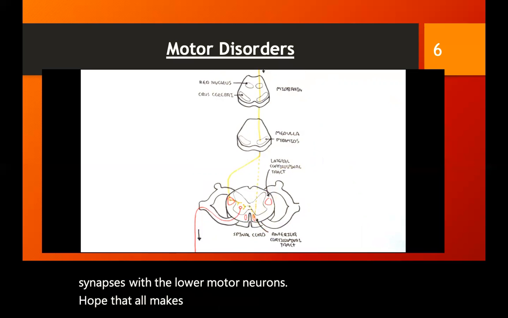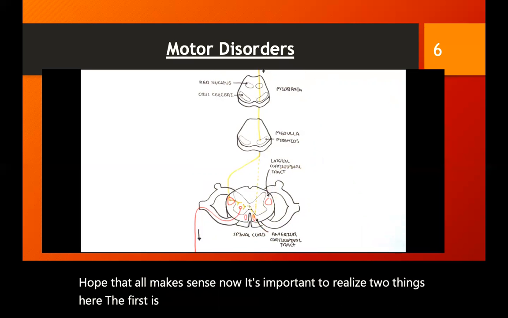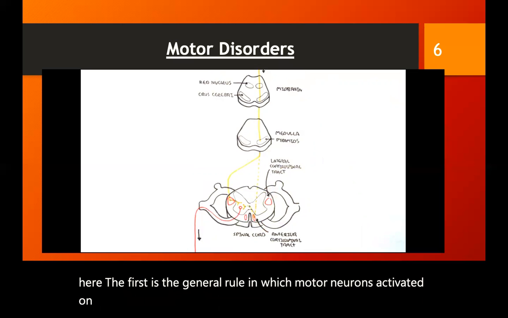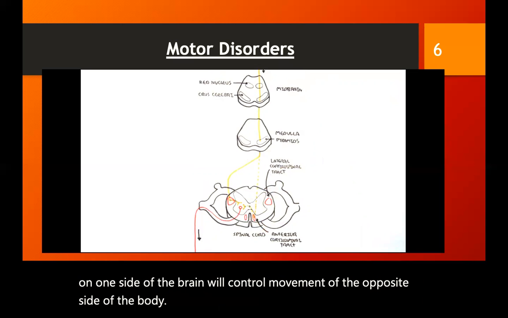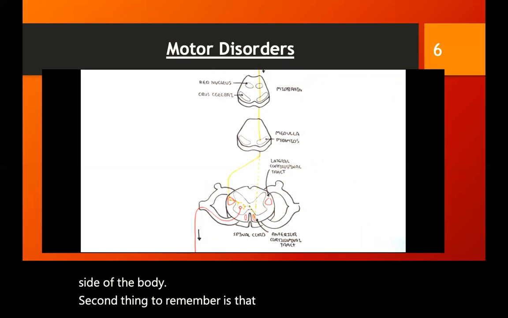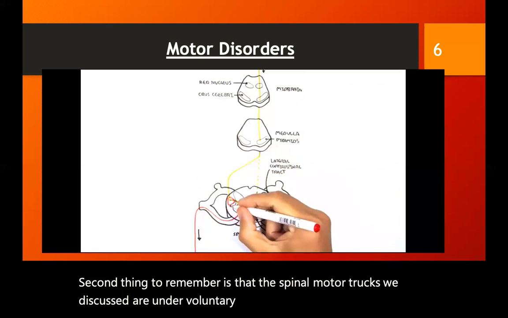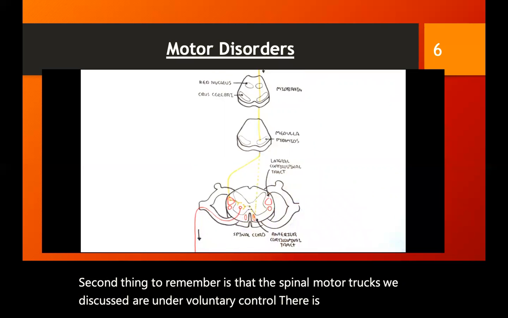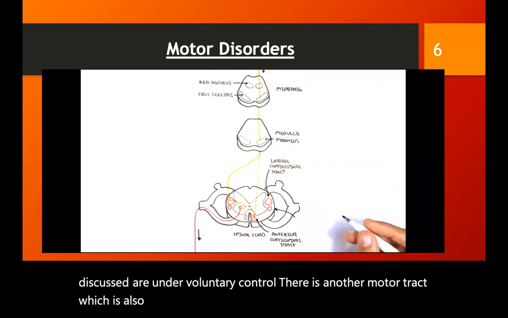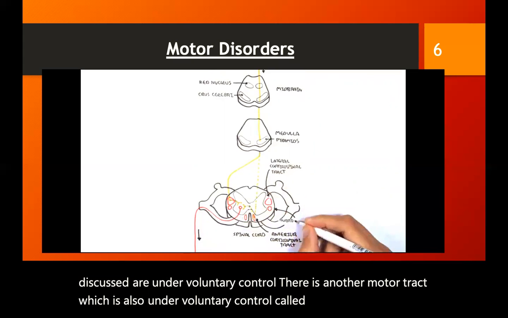Now it's important to realize two things here. The first is the general rule in which motor neurons activated on one side of the brain will control movement of the opposite side of the body. Second thing to remember is that the spinal motor tracts we discussed are under voluntary control. There is another motor tract which is also under voluntary control called the rubrospinal tract.